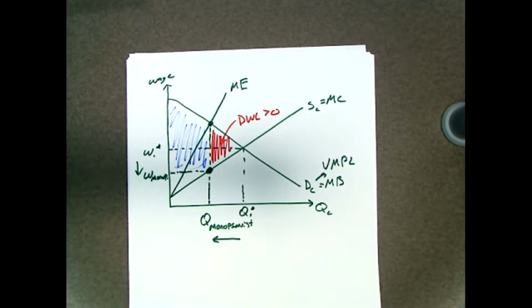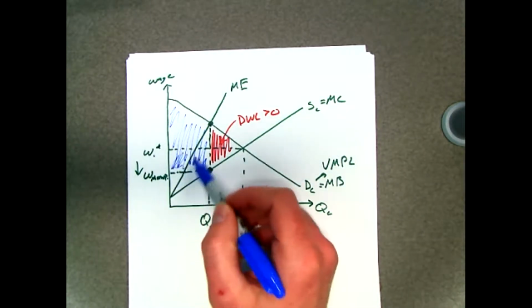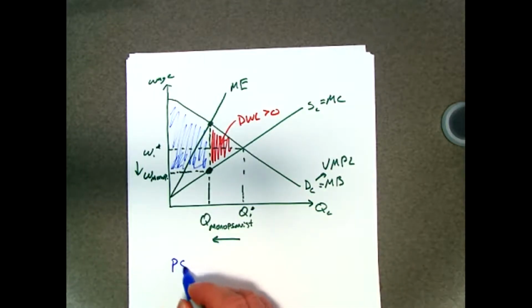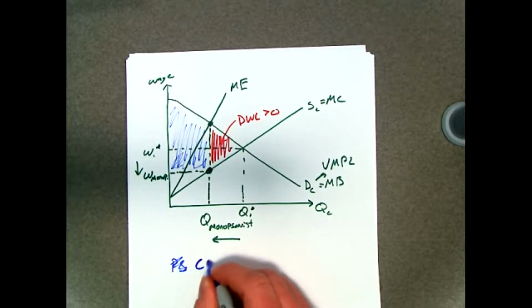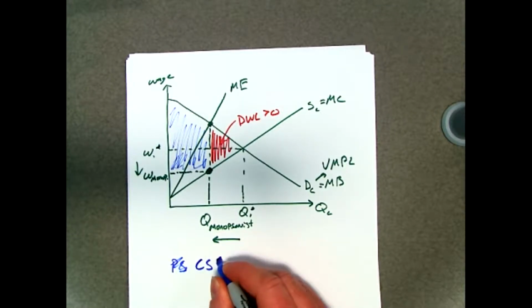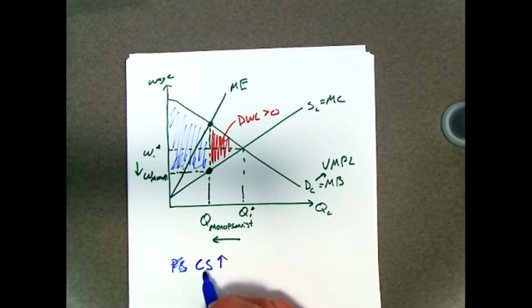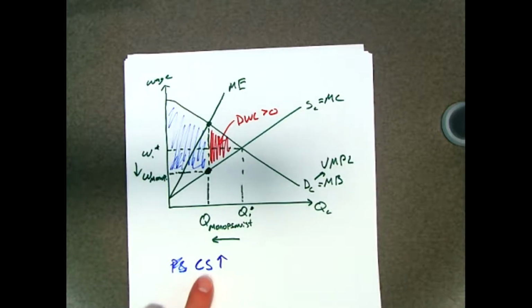Okay. Generally, the amount of surplus they gain will make up for what they lost. So we see that consumer surplus actually increases with monopsony power, which makes sense. The consumers are the companies. So if there's only one company and they have this monopsony power, they can increase their surplus.